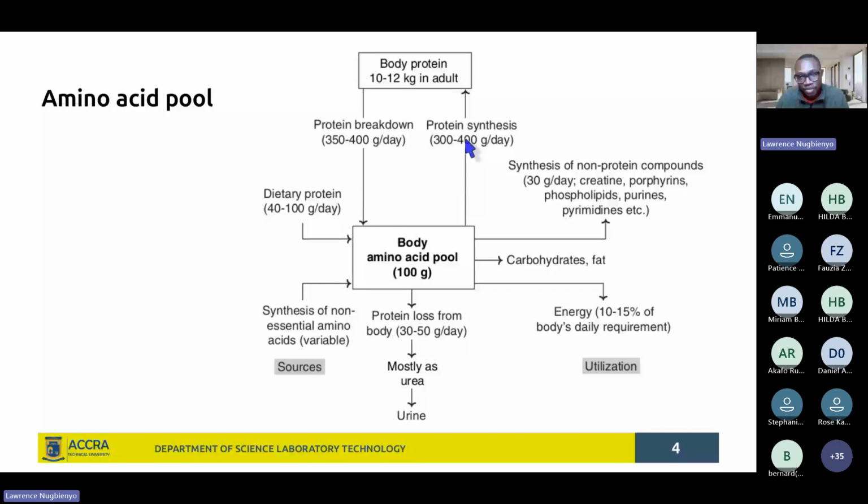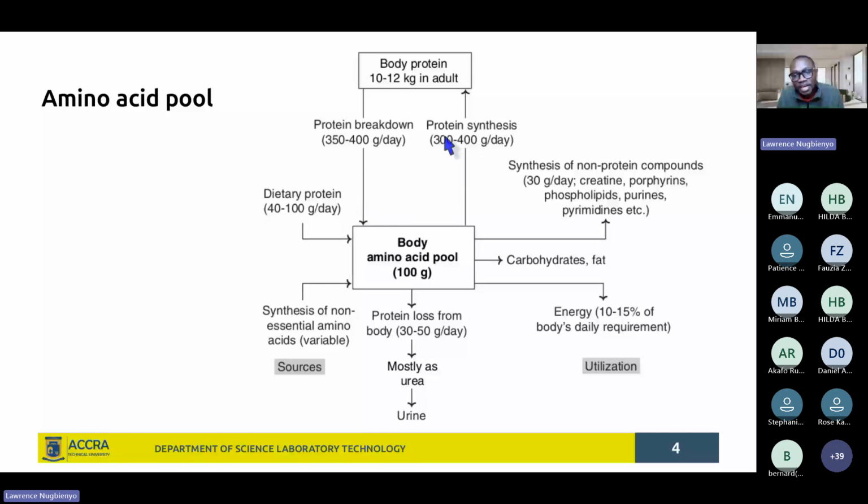So you ask yourself, where will the amino acids come from in that process, where amino acids join to give you a protein? Those amino acids are coming from this amino acid pool, either from diet or from the synthesis of non-essential amino acids. And the protein synthesized by the body can also undergo breakdown, catabolism. So there is that cycle where amino acids form protein, and the proteins break down to give you amino acids. So the cycle goes on.